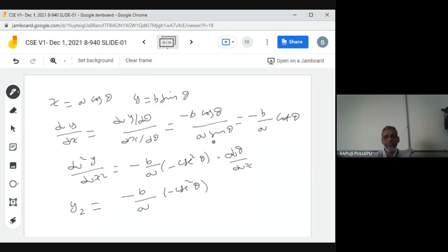Reciprocal means 1 by a sin theta, that is again cosecant theta. So b minus b by a, 1 by a sin theta. So this is equal to what? Minus b by a squared cosecant cube theta. Are you agree?